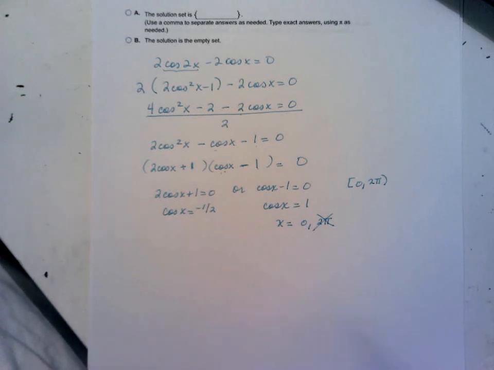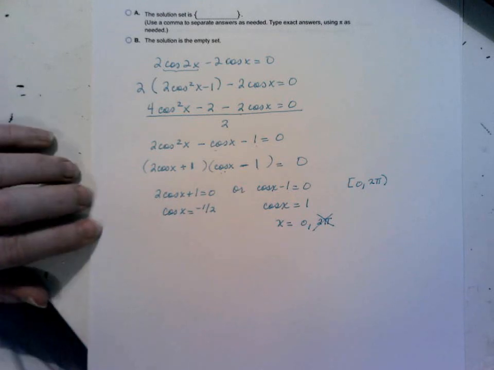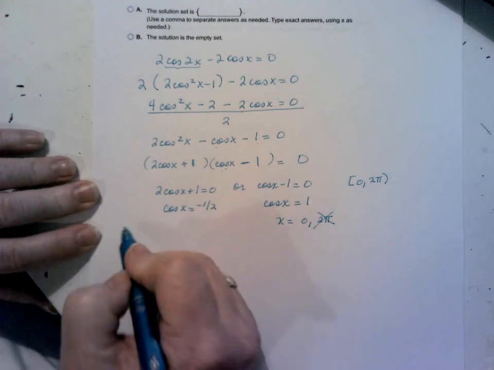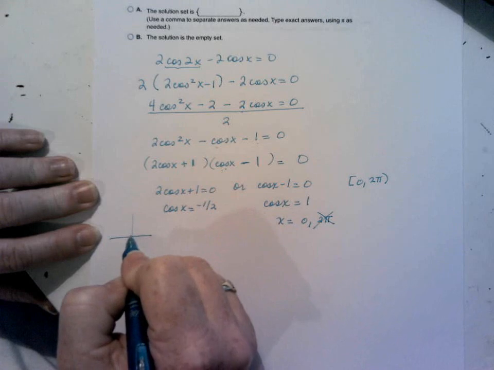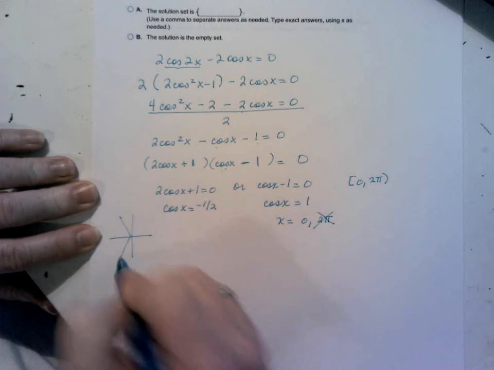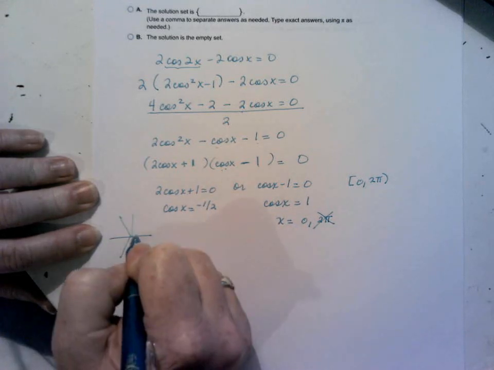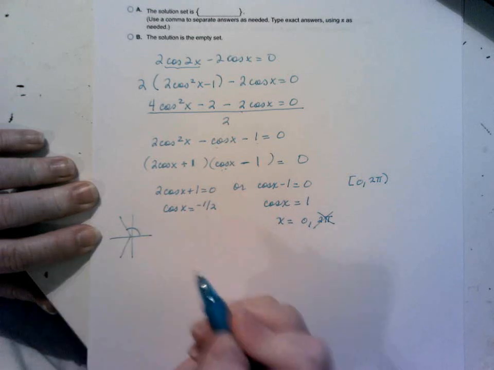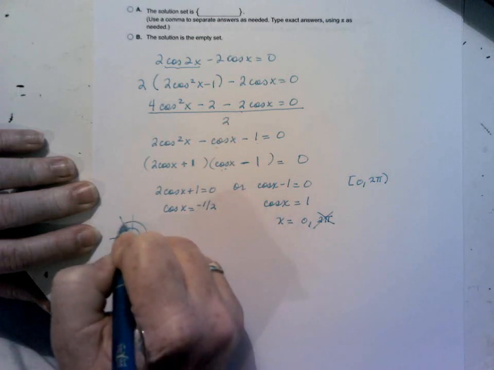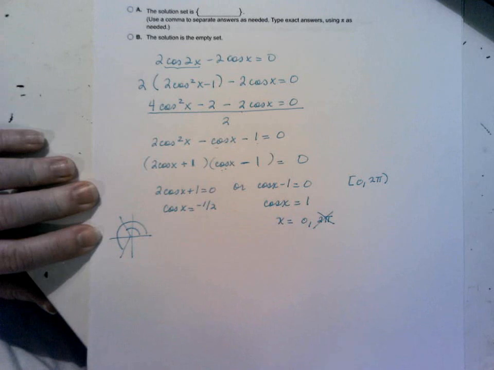Cosine x equals negative 1/2. Cosine has a size of 1/2 when the reference angle is 60 degrees, or pi over 3. But it's negative, so to be negative cosine, it would have to be in the second quadrant or the third quadrant. So we need a reference angle of pi over 3 in the second quadrant and a reference angle of pi over 3 in the third quadrant.